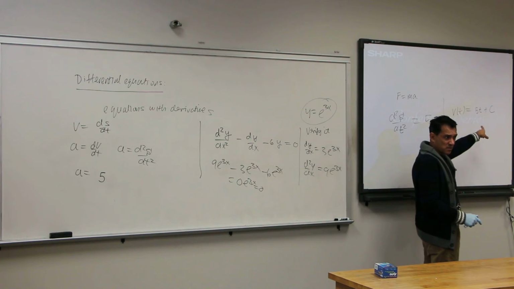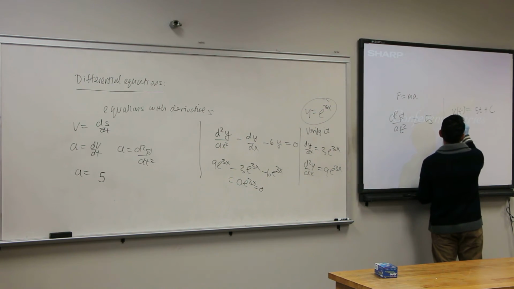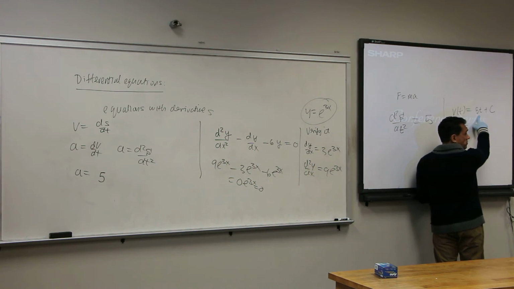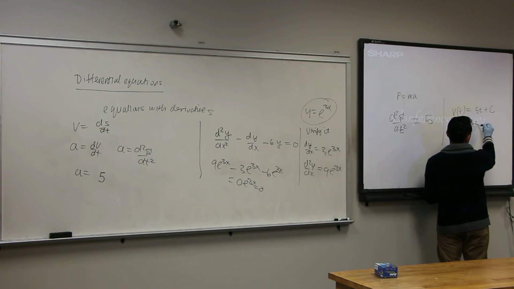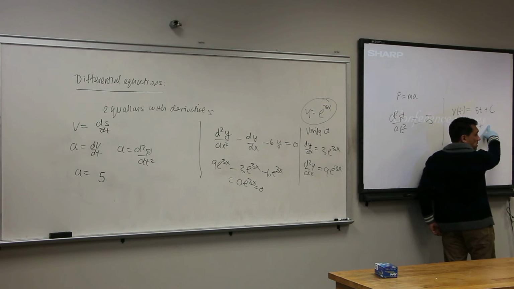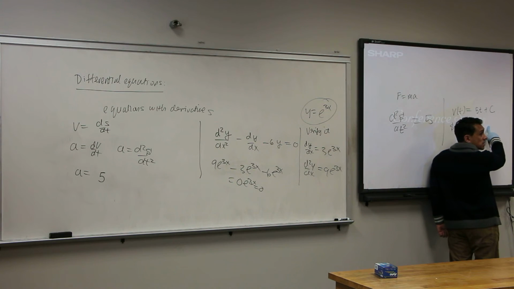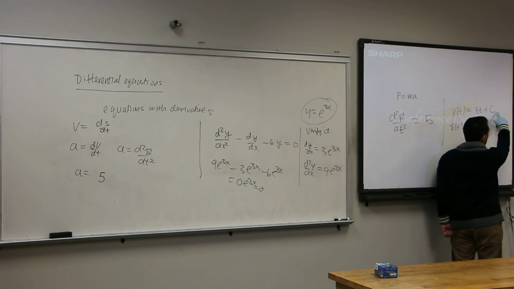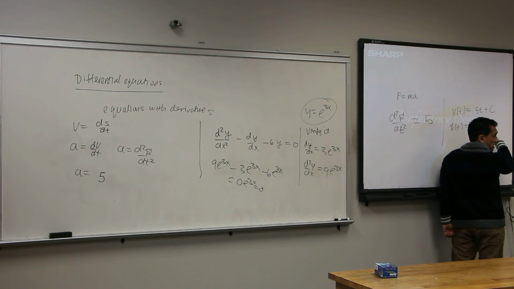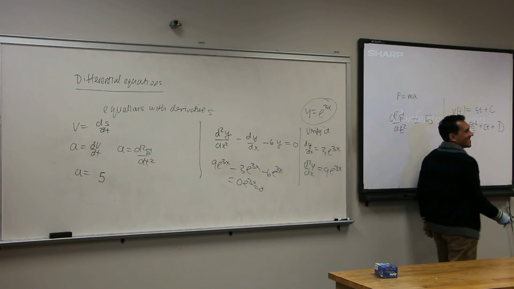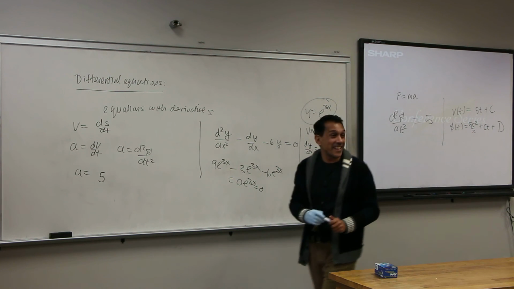Plus 2ct? Ct. This was 10 and 10t. This was 8 and 8t. Plus d. Ah, well, it's not the same. It can't be the same.